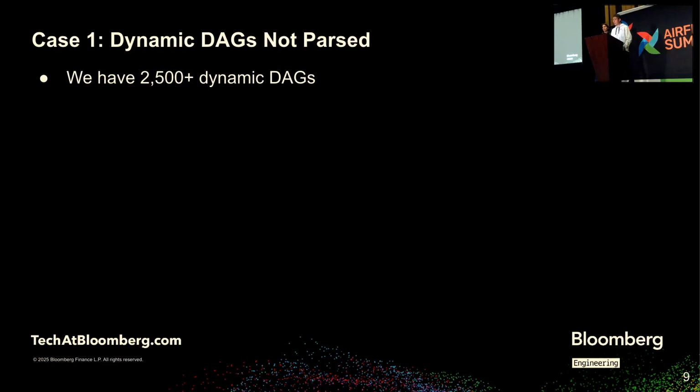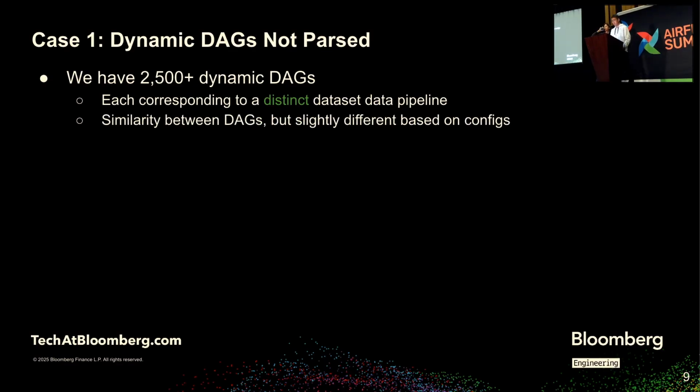One of the unique challenges that our team faces is managing over 2,500 dynamic DAGs, each corresponding to a distinct data pipeline. Now, you might be wondering, why do we need to dynamically create thousands of DAGs? The reason was because while these DAGs share many similarities, they also differ slightly based on different configurations.